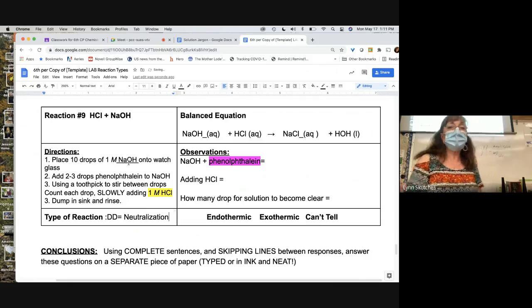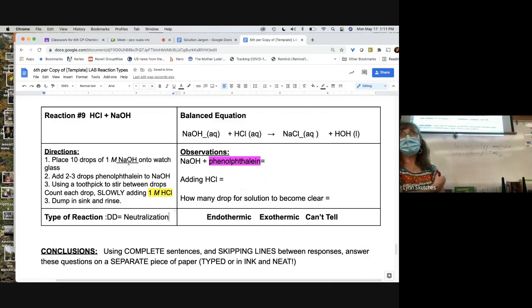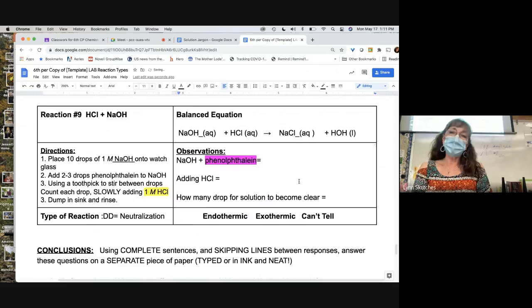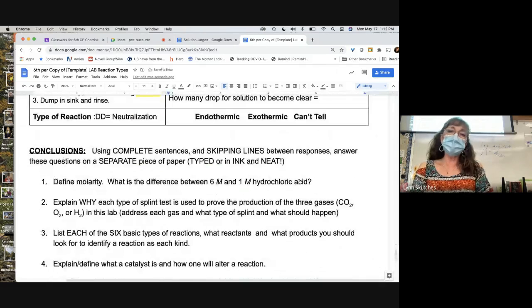Okay, so what was supposed to happen is when you put the sodium hydroxide with the phenolphthalein, it should have gotten that magenta pink color. And then you should have added the acid and it should start to clear up. Acid makes phenolphthalein clear, base makes it pink, magenta. The number of drops should have been equal or close to equal, but I haven't been getting that in other classes.